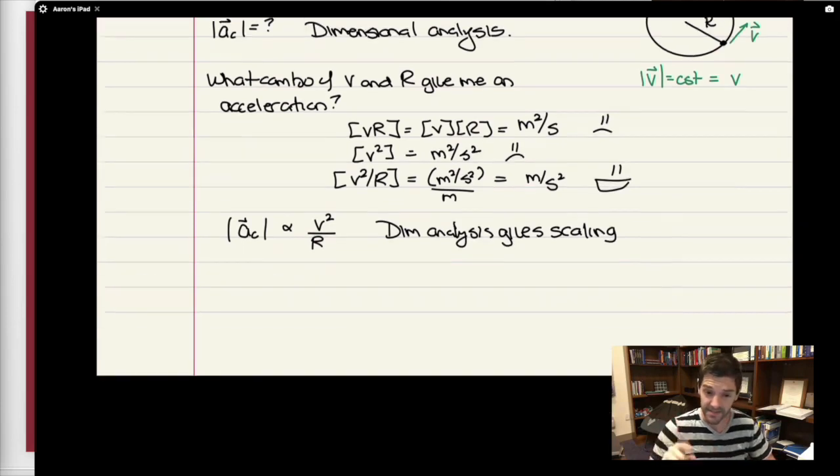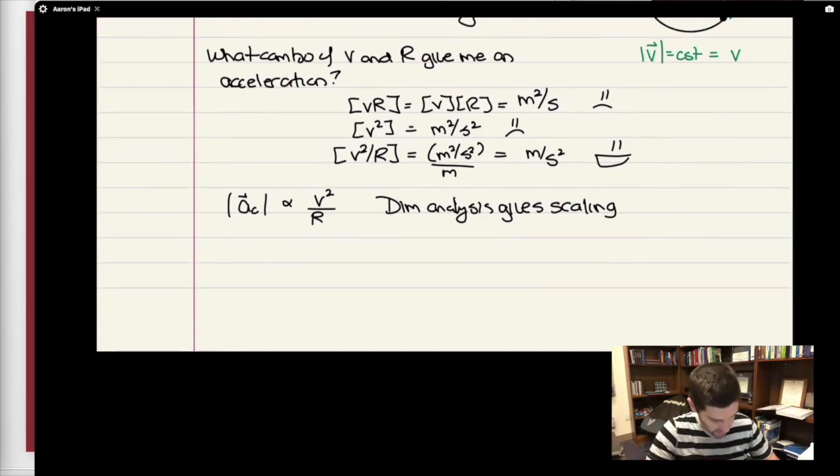But it turns out in this case, actually, the constant is just 1. So the answer, when you go through the math, actually is just v squared over r. Or, to use the vector notation, the magnitude squared over r.